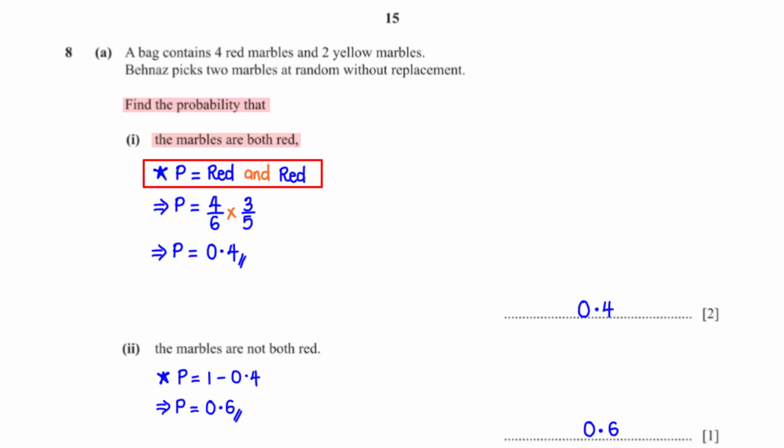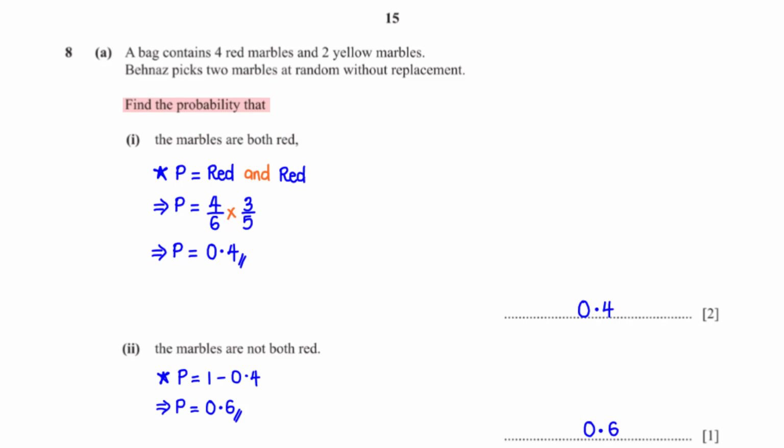The probability that the first marble picked is red is equal to the number of red marbles in the bag, which is 4, divided by the total number of marbles, which is 6. Without replacement, the pool reduces by 1, and so the probability that the second marble picked is red will be 3/5. When we type this into the calculator, we get 0.4.